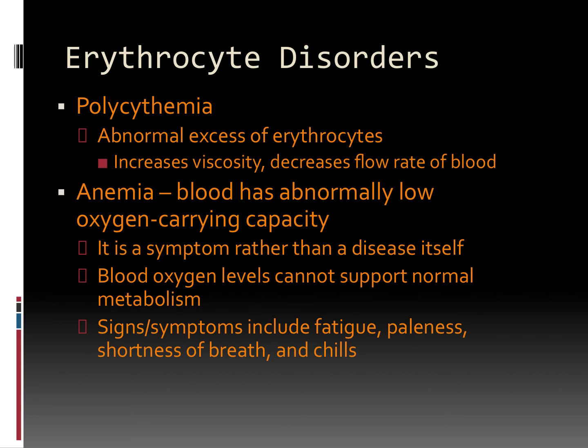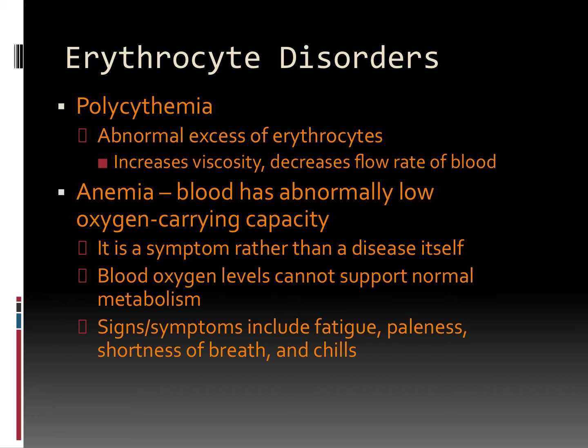So erythrocyte disorders affect, of course, red blood cells. Erythrocytes are red blood cells. So the first is polycythemia. So poly is like many, right? So polycythemia is an abnormal excess of erythrocytes.